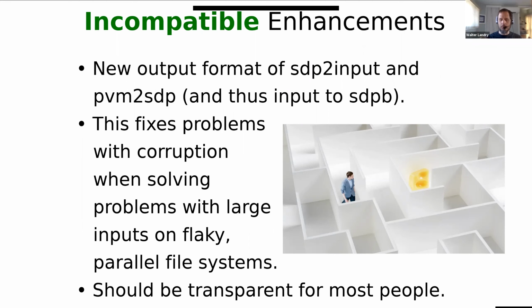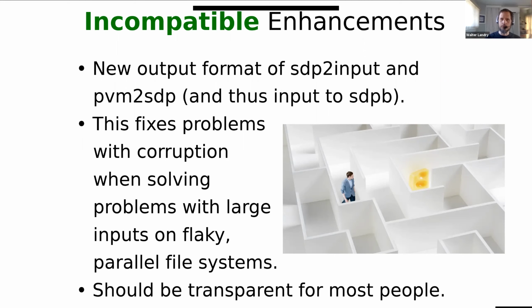Anyway, I changed the format where essentially SDPB talks internally to itself, so the output of SDP to input and the input of SDPB. The reason I did this was because we were running into problems with corruption when we had a whole bunch of inputs on large, flaky, parallel file systems, and you would randomly get Unicode characters in your numbers.